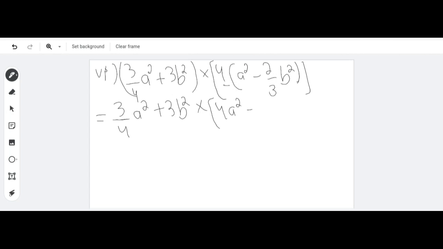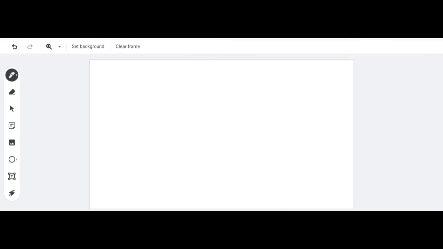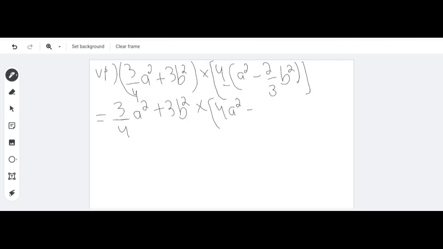Let me do this here. 4 into 2 by 3, then it will multiply with 2. It will give 8 by 3. Understood? Yes. 4 twos are 8 by 3 b square.